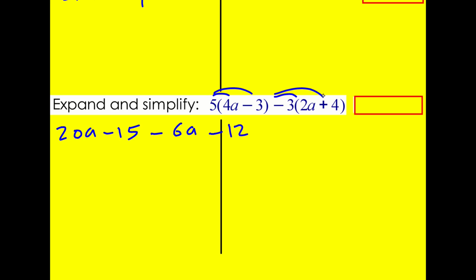Because I've got two things added together and then I'm minusing it, it makes sense that I'm going to minus each one individually. And that's going to give me 14a, because 20a minus 6a is 14a, and then minus 15 minus 12 is actually minus 27. I'm at minus 15 on the number line, and I'm minusing 12, so I'm going to go this way until I get to minus 27.